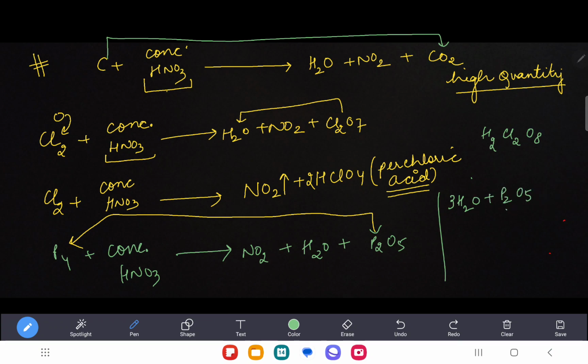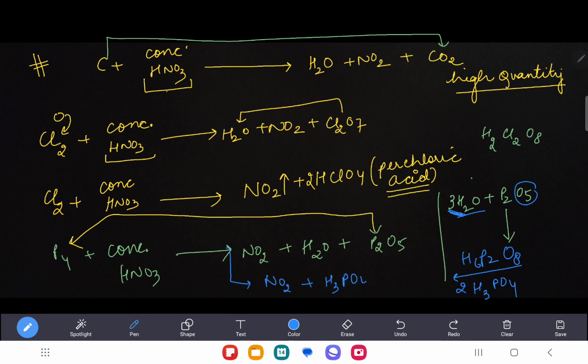P2O5 takes a little bit more water to dissolve. So if you combine, you have H6P2O8. If I take out 2 common from here, it is going to form H3PO4. So I will say the final product is NO2 plus H3PO4.